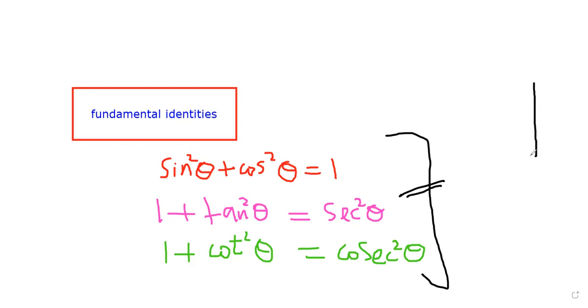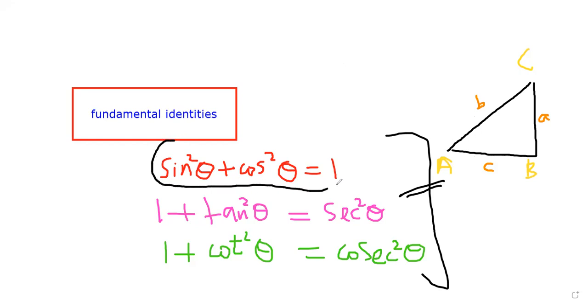If I take a right triangle, with points A, B and C, we are going to prove the fundamental identities.